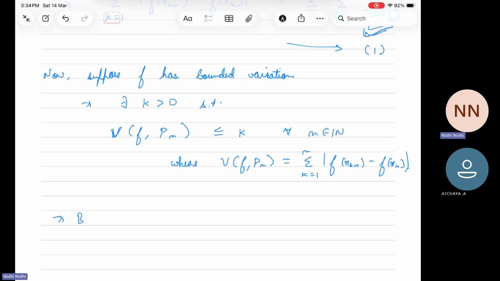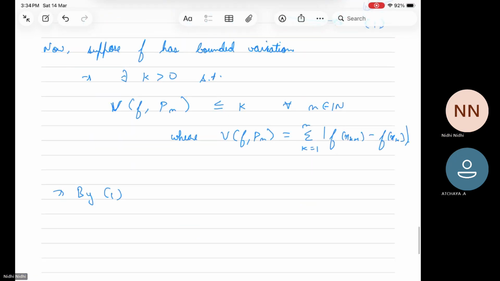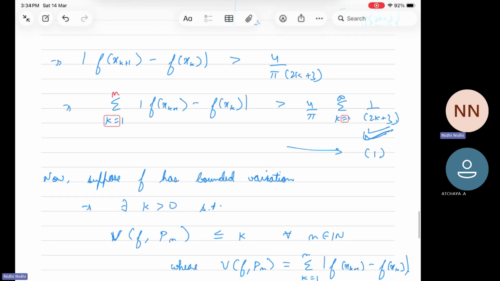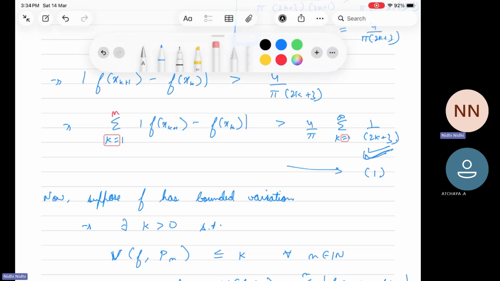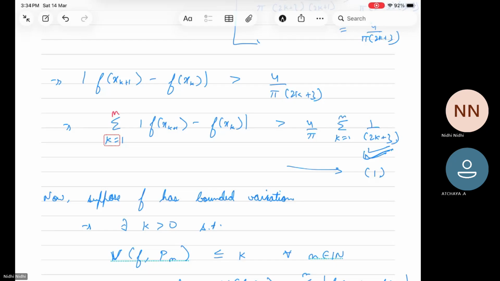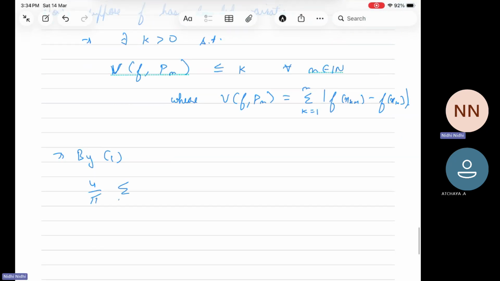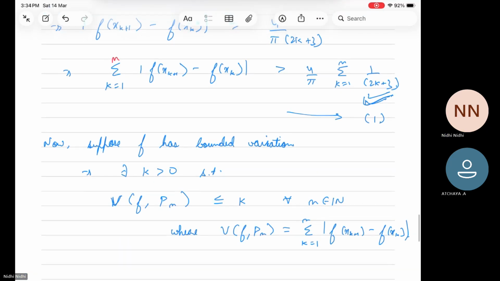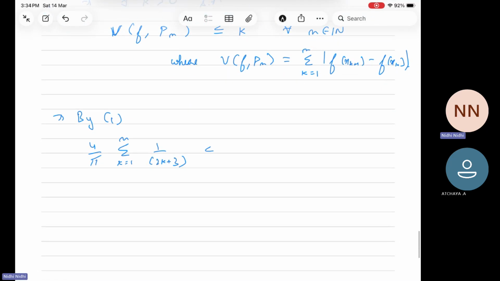That means by the first part, this will also be, for every n, summation k from 1 to n, 1 upon 2k plus 3 will be less than summation k from 1 to n mod f(x_{k+1}) minus f(x_k), and this is equal to the variation of function f corresponding to the partition Pn.